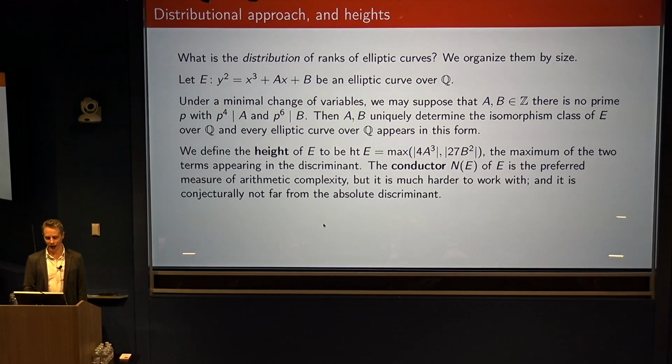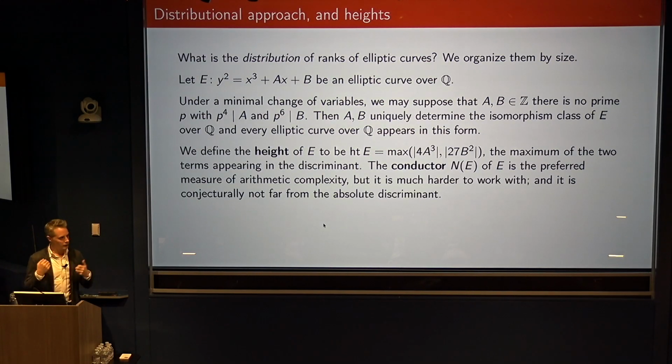Now, the height really isn't our favorite measure of size. Really, the right measure of size is what's called the conductor. It's the right measure of arithmetic complexity. I'll show you later why. But honestly, it's just a lot harder to work with.